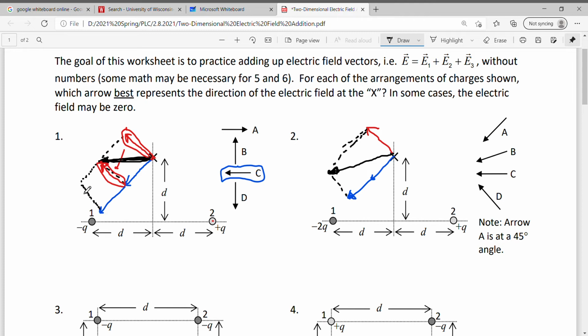Basically, this line is the answer of problem 2. The difference is caused by this minus 2q. It doubles the length of this blue vector, so that makes the sum of the blue and the red vector point to the left down.